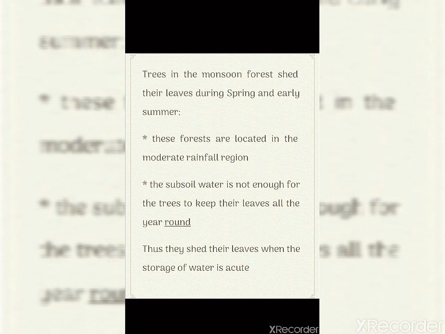Trees in monsoon forest shed their leaves during spring and early summer because these forests are located in the moderate rainfall region. The subsoil water is not enough for the trees to keep their leaves all the year round. Thus, they shed their leaves when the storage of water is acute.